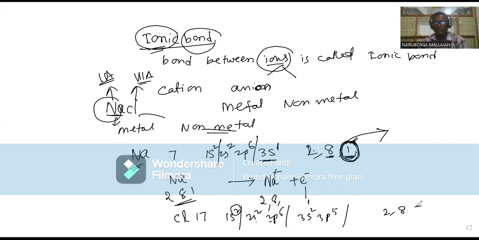Again 2 plus 5, 7. In the first orbit we have 2 electrons, in the second orbit 8 electrons, and in the third, the outermost orbit, chlorine has 7 electrons. It needs 1 electron to get 8 electrons, the octet form. So this chlorine needs 1 more electron.